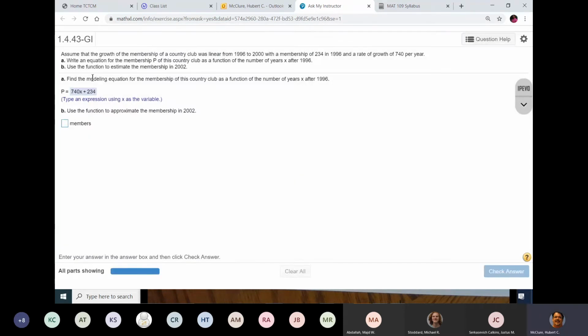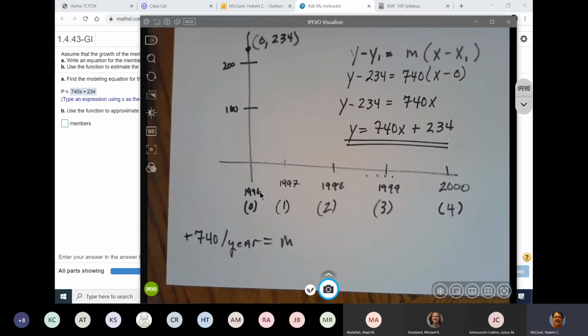Use the function to estimate the membership in 2002. Go back to the, hold on, I'm trying to find my, there we go. So they want to know 2002. So this is 2000, this is 2001, and 2002. X would be what? 6.